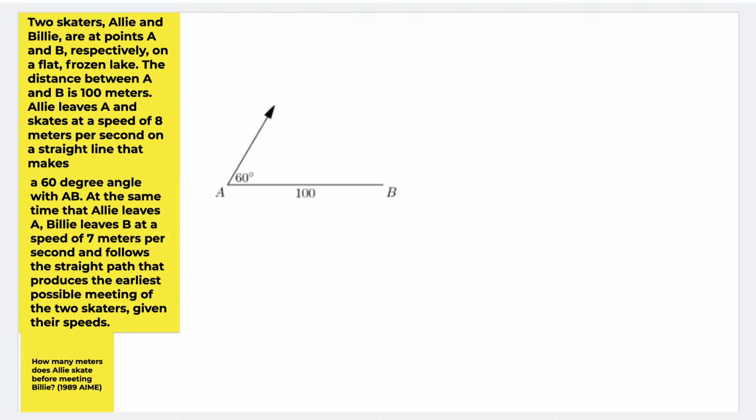I'm going to give you guys a long time to solve this one. Okay, I'll try solving this problem.